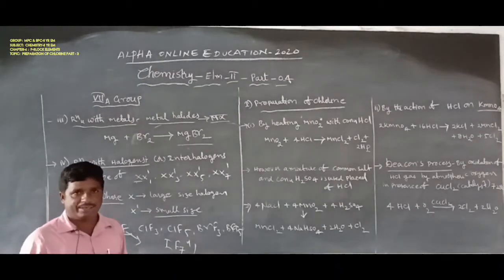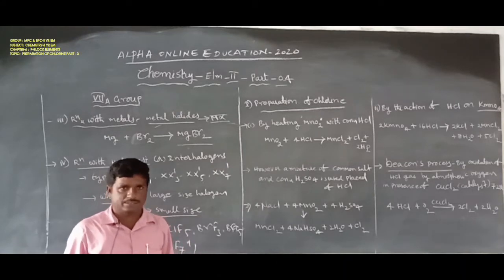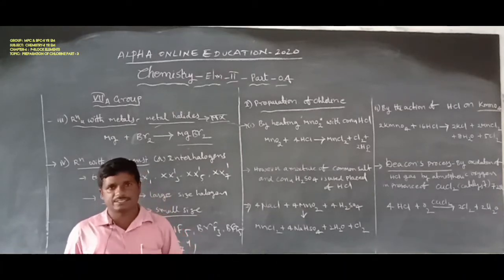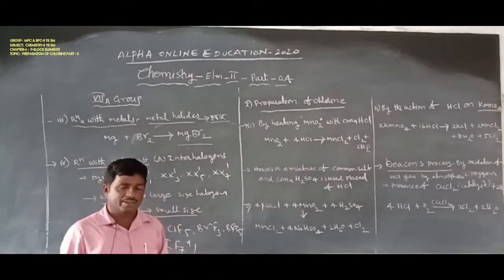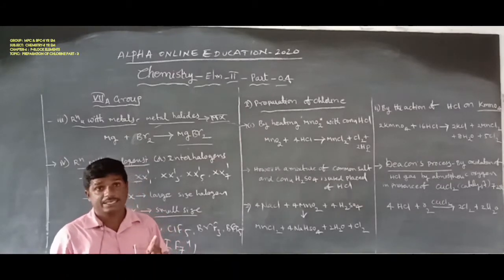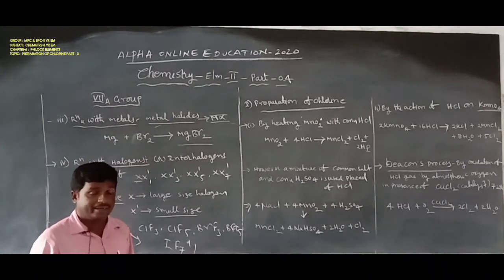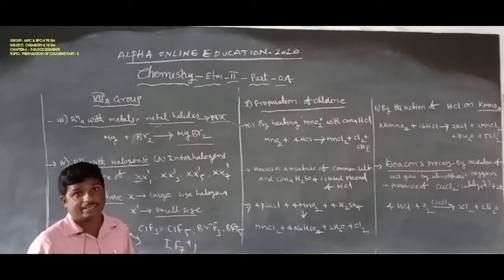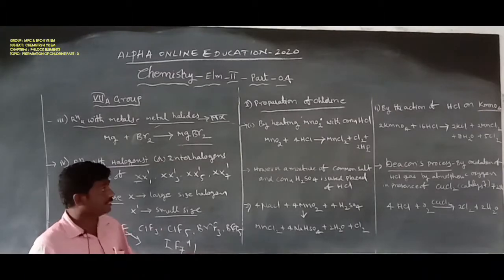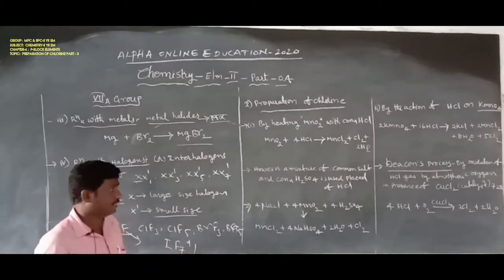All halogen elements exhibit color properties. Fluorine exhibits yellow color, chlorine exhibits greenish yellow, bromine exhibits red color, and iodine exhibits violet color. That is the color properties of the halogen elements.